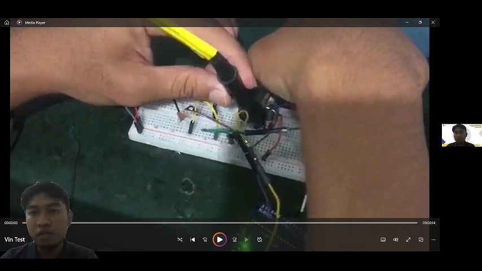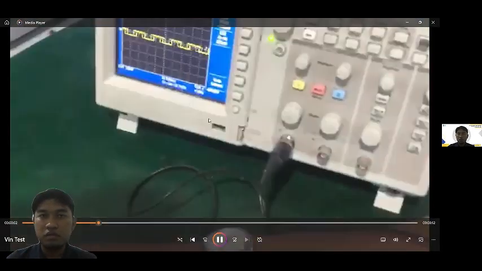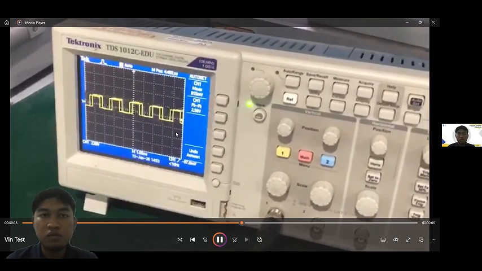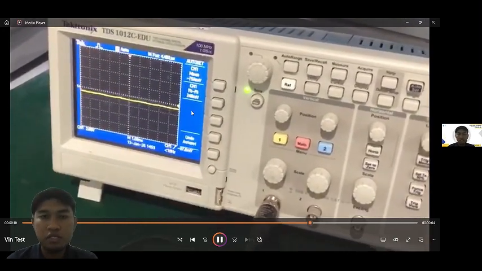So I have to put this oscilloscope testing cable on the middle pin of the potentiometer.